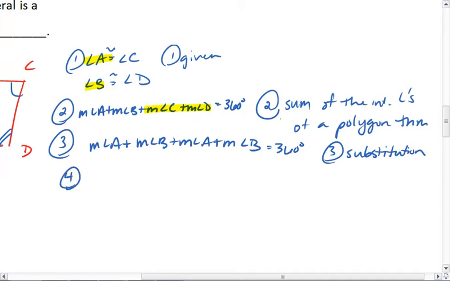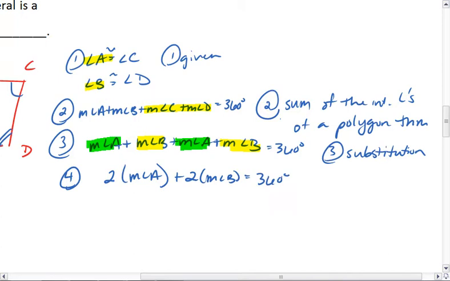We then can combine our like angles. We see that 2 times the measure of angle A plus 2 times the measure of angle B equals 360. And that's by simplifying.